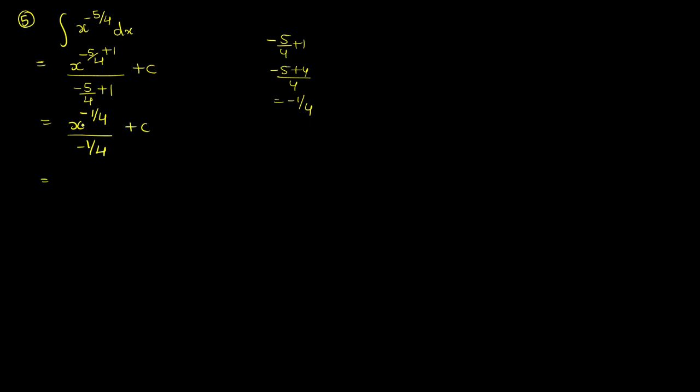So you can see here x is having a negative power, so x comes to the denominator, and also it is having a minus sign. I can put the minus to the numerator, and 4 is the denominator of the denominator and that becomes the numerator. So I keep 4 in the numerator, divided by x power 1 over 4, adding the constant of integration c, and this will be my final answer.